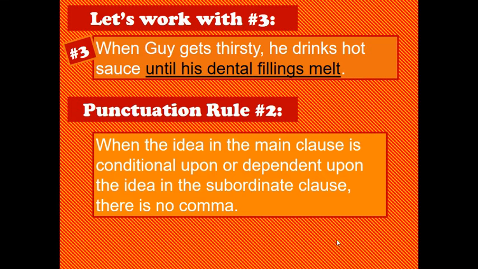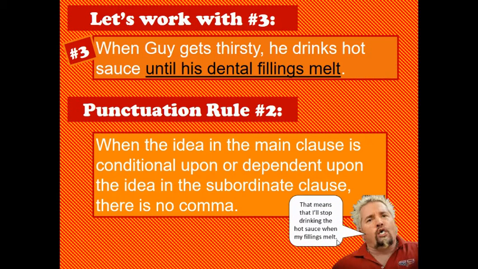It says, when Guy gets thirsty, he drinks hot sauce until his dental fillings melt. Well, if you think about it, he's going to drink hot sauce until his dental fillings melt. So the verb drinks is only going to be true until his dental fillings melt. What that means is that the clause at the end of the sentence, until his dental fillings melt, is really important because it explains how long he is going to drink for.